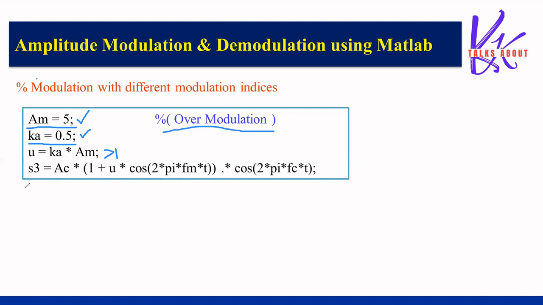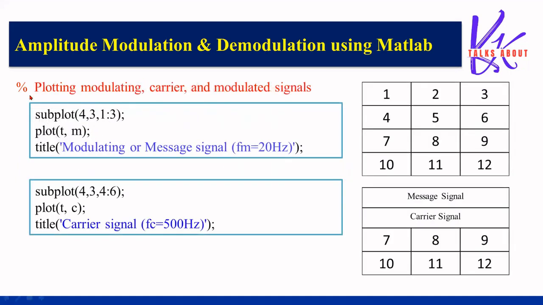Now how do we plot these three waves using MATLAB? Coming to the plotting of the equations, here I am going to plot the modulating, carrier and modulated signals. That is the message signal, the carrier signal and the modulated signals: under modulated, over modulated and exact modulated.